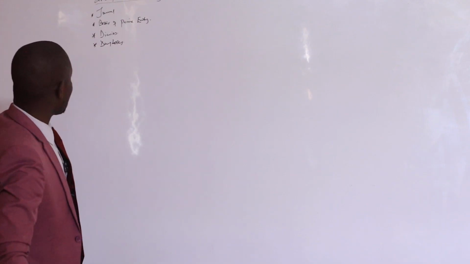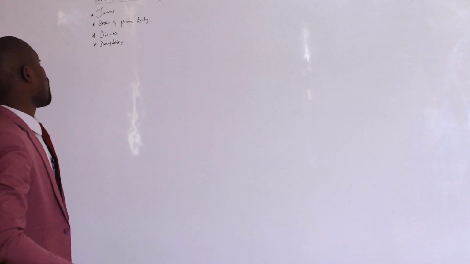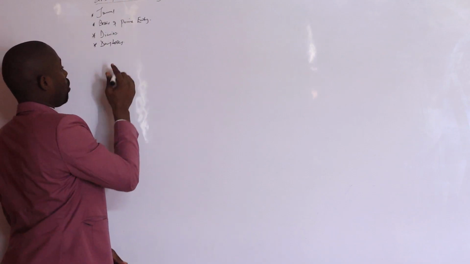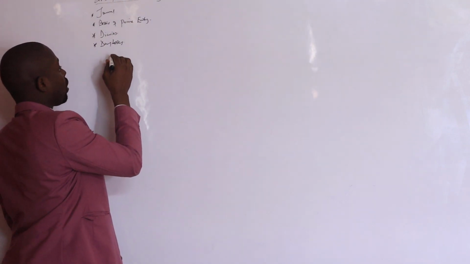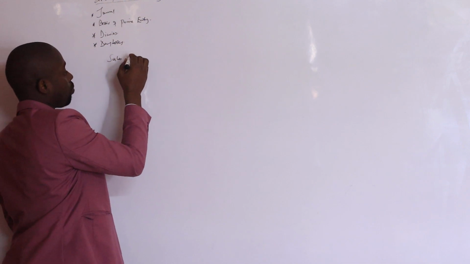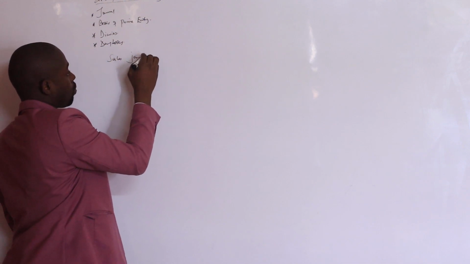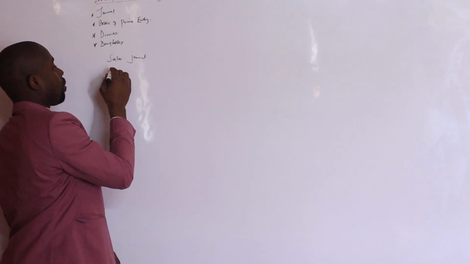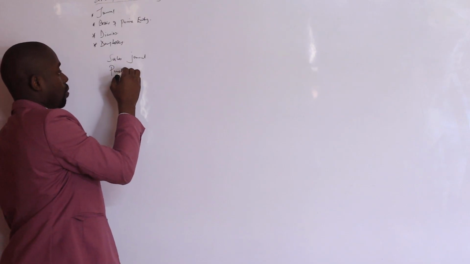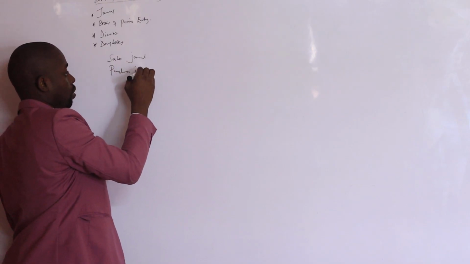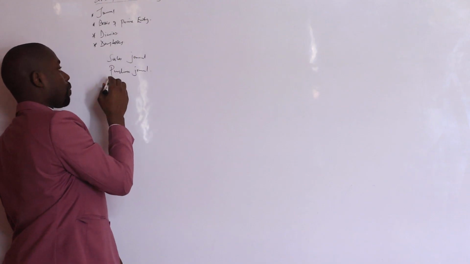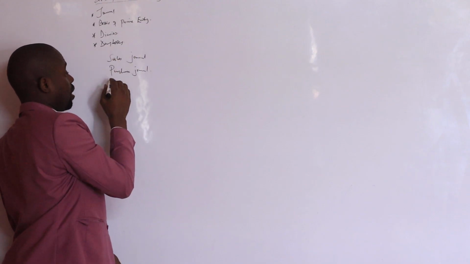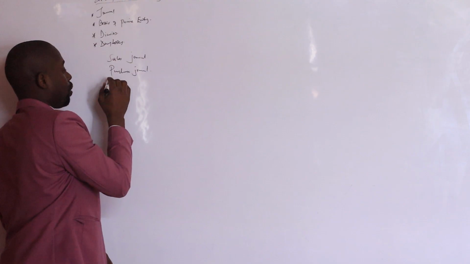Now, what are they in particular? Now, they are as follows. 1, what you call sales journal. Number 2, purchases journal. 3, which is the opposite of sales, what you call return.